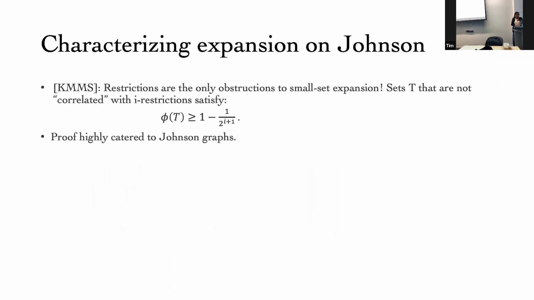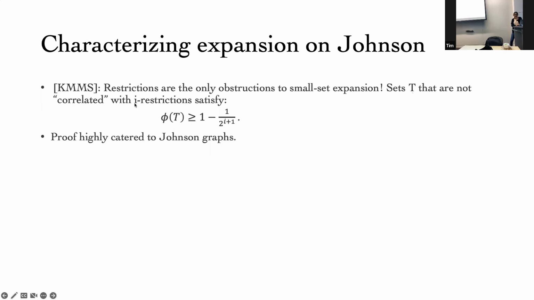And then KMMS showed that, in fact, these are the only obstructions to small set expansion: sets that are not correlated with these i restrictions. So any generalizations of the sets S_i have expansion 1 minus 1 by 2 to the i plus 1.